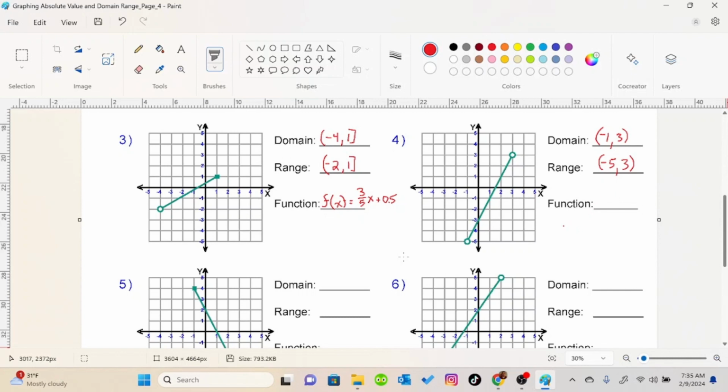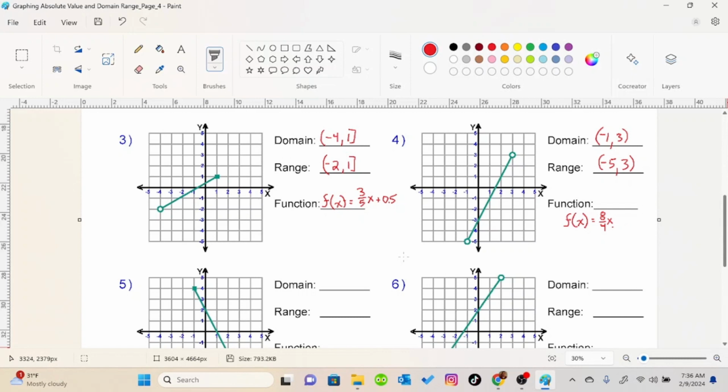Our function would be f of x equals our slope from beginning to end. We go up 8, right 4. So that would be 8 over 4 x.